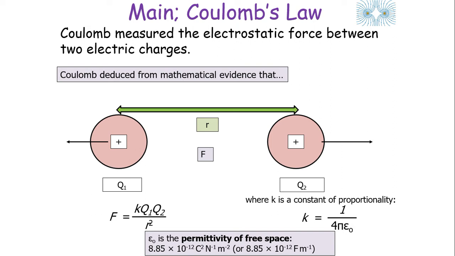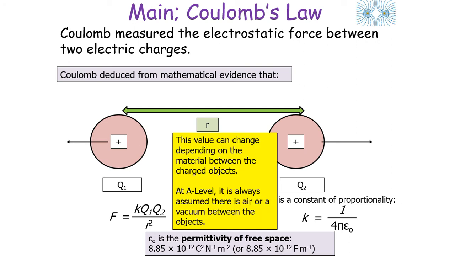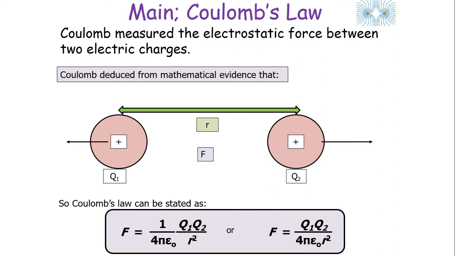So it is equal to 1 over 4 pi epsilon 0, where epsilon 0 is the permittivity of free space, which is 8.85 times 10 to the minus 12 coulomb squared newtons to the minus 1 meters to the minus 2. Now, this is very important because this value can change depending on the material between the charged objects, but at A level we always assume that there's air or a vacuum between the objects.